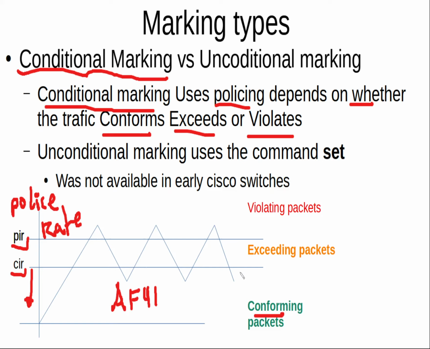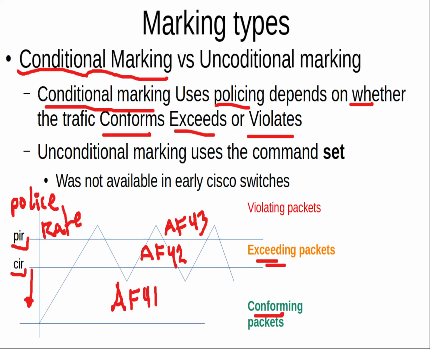Now, for the traffic that exceeds the CIR, but is below the PIR, that means that it is exceeding traffic, we are going to mark it with a value of AF42. And for the traffic that violates, that means that goes beyond the PIR, we are going to mark it with a value of AF43. This is known as conditional marking. And this type of marking was the only type of marking that was available in early Cisco switches.